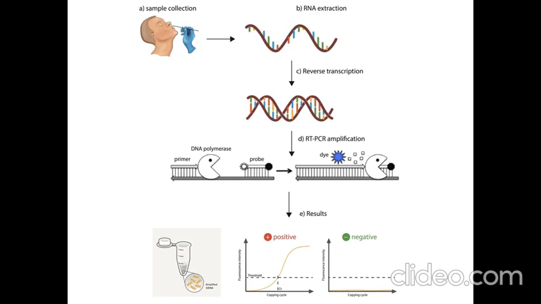But if there is low content of the RNA particle, there will be low cDNA, and we will detect the fluorescence at a very late stage. So early CT means that the patient is positive for the viral particle, and late CT, or no CT at all, indicates that the patient is negative for the viral particles.